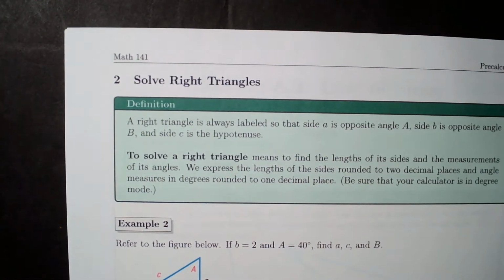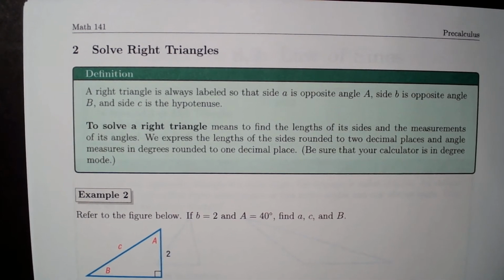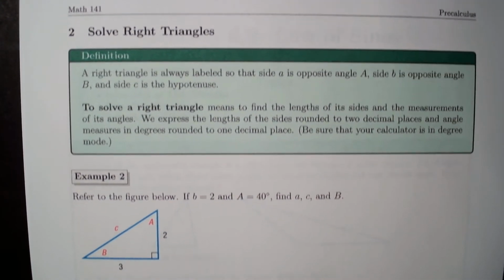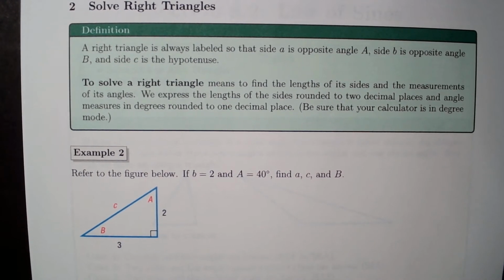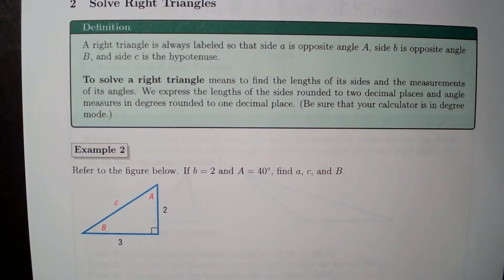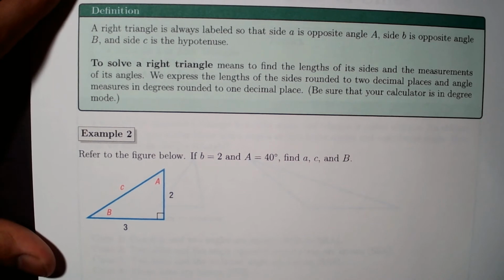Now, on the next page, we briefly do one example of solving a right triangle. What does it mean to solve a triangle? We are given some information, like a side and one angle, and then we use the trigonometric functions and the Pythagorean theorem to find the remaining parts of the triangle.